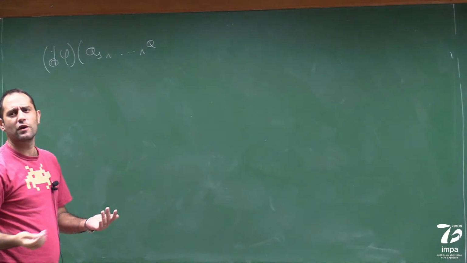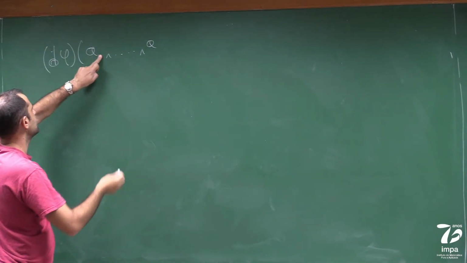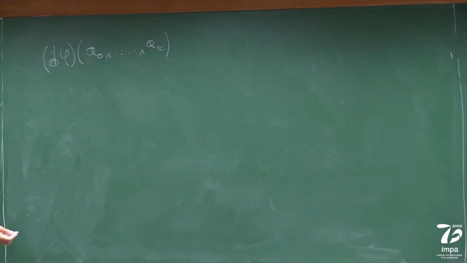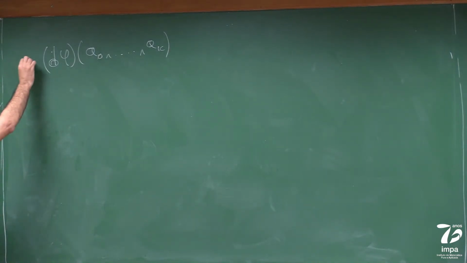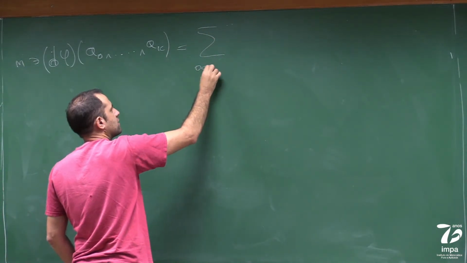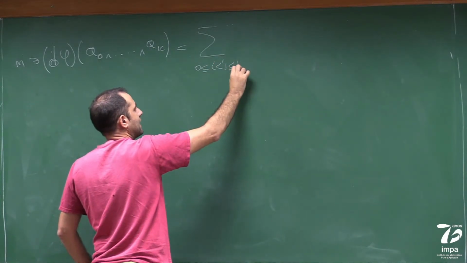I'm sure I'm going to screw up the signs by starting here at 0, but it doesn't matter. I reserve the right to get the signs wrong. But this should be an element in M. And I'm going to do the same thing that we did before. So we have a sum over 0 less or equal than i less than j less or equal than k.